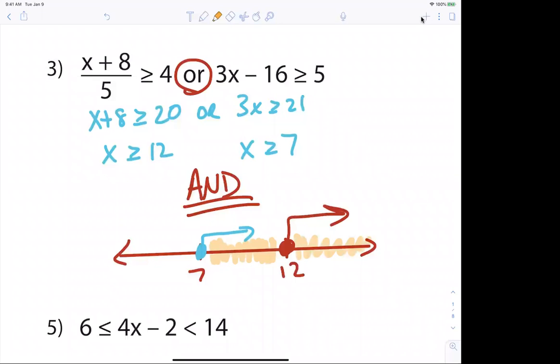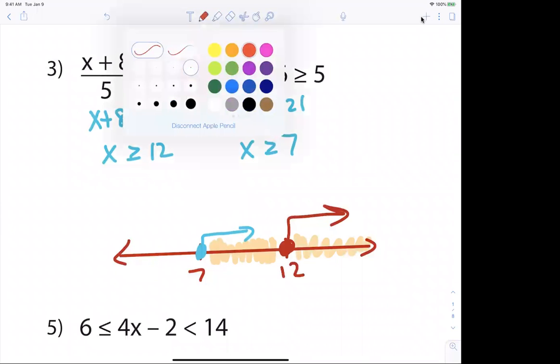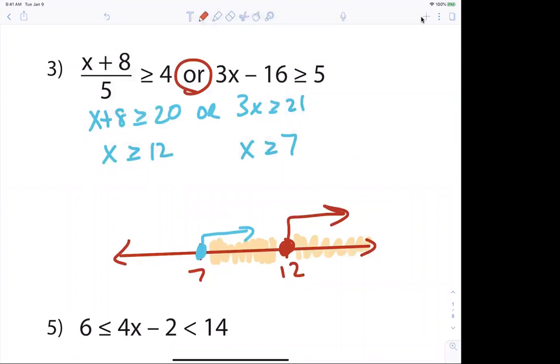These numbers here are greater than 12 and greater than 7. It's not an and statement, it's an or. So now someone fill me in on the answer. 7 to infinity.